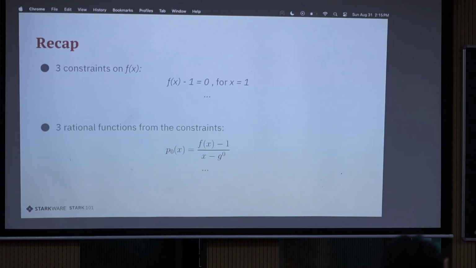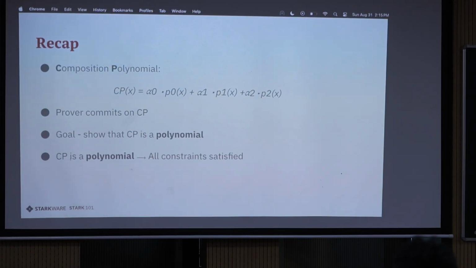Remember the polynomial that... Just where do we get these alpha i's from? Does anybody know? These alpha i's are randomly generated by the verifier and given to the prover.